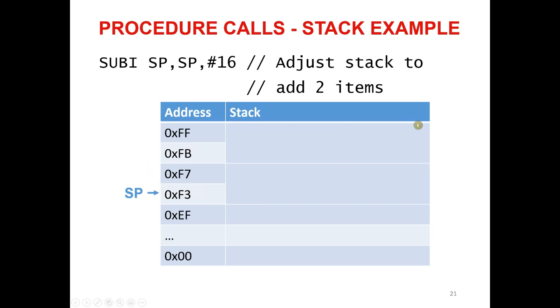Because I will need to add two registers, one here and another one here. By moving the stack pointer to this position, I have incremented it by 16, but what you can see on the screen are 4 addresses. So this is what I have actually done.